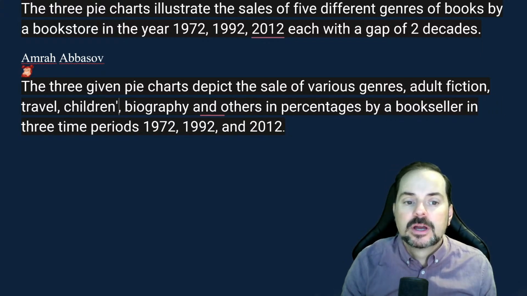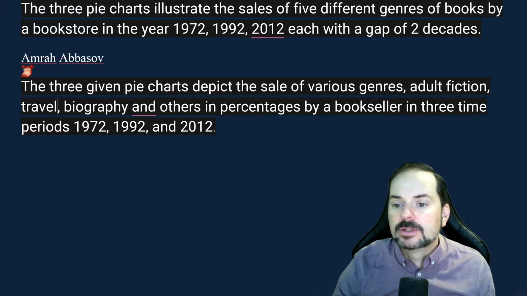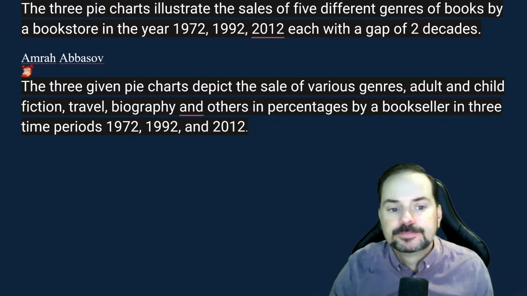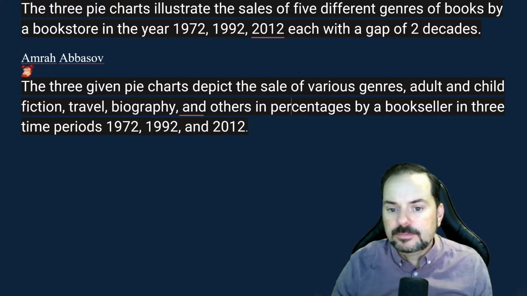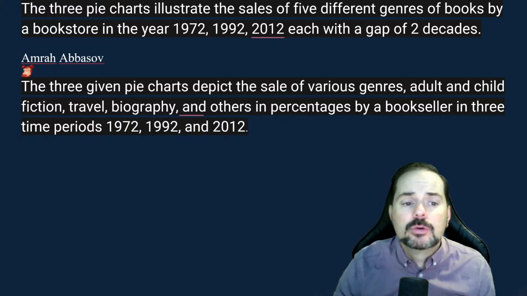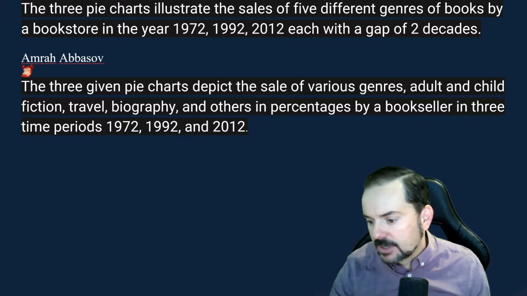Try to be concise, so you can do it like this. So you can go adult and child fiction, travel, biography, and others in percentages by a bookseller. And then that way we're being concise.